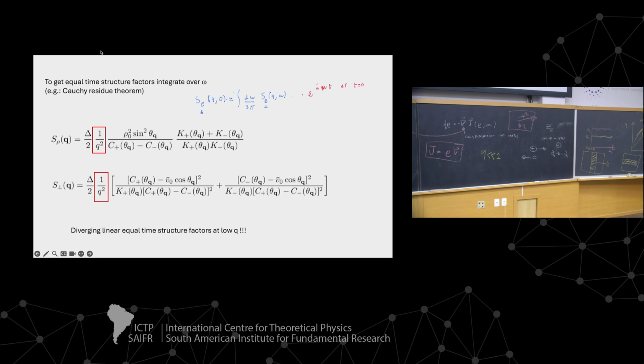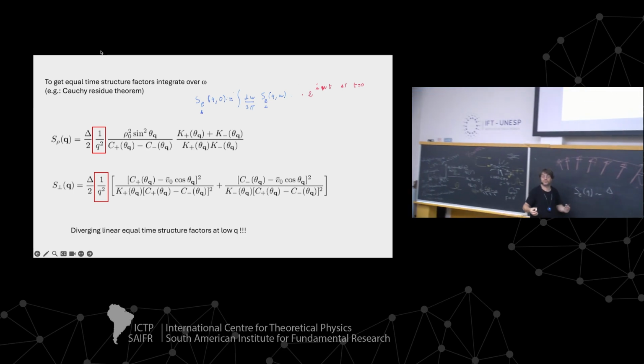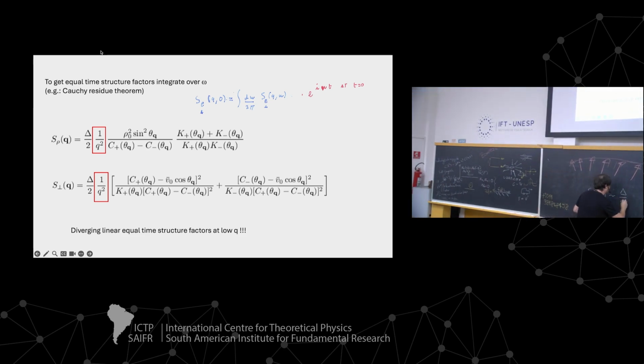The density structure factor and the velocity structure factor with different anisotropy factor goes like, okay, the noise amplitude, of course, it has to be there, over q squared. And this is also true. Done. Calculation done.